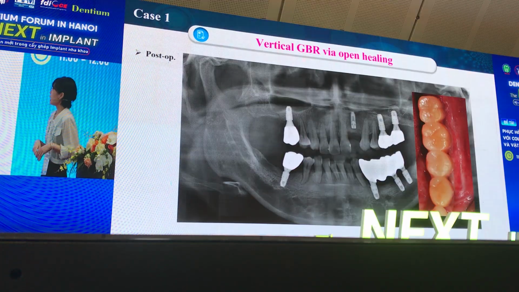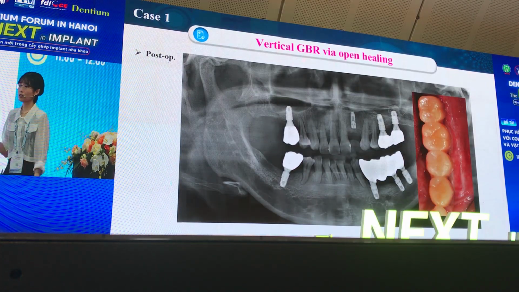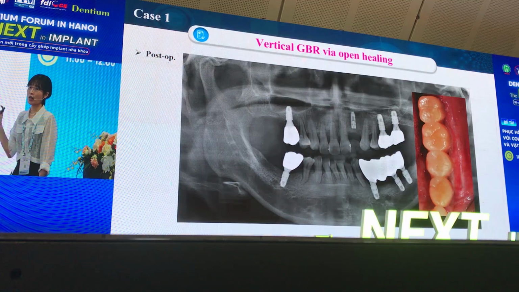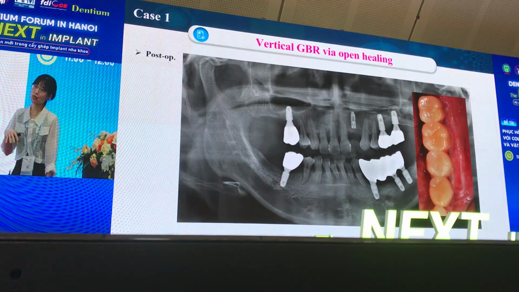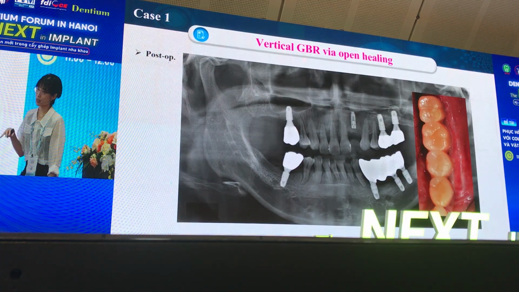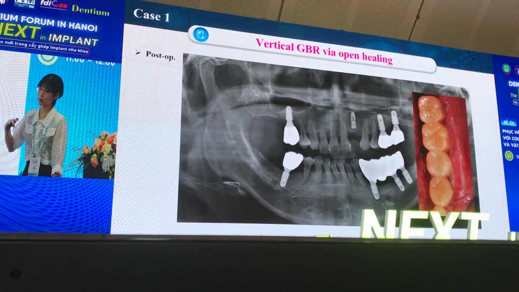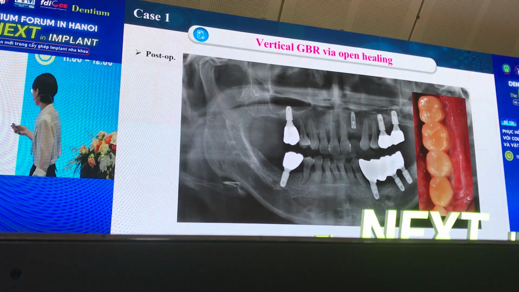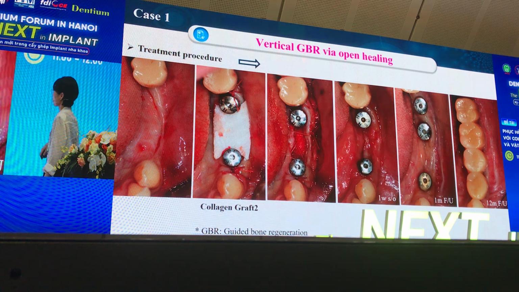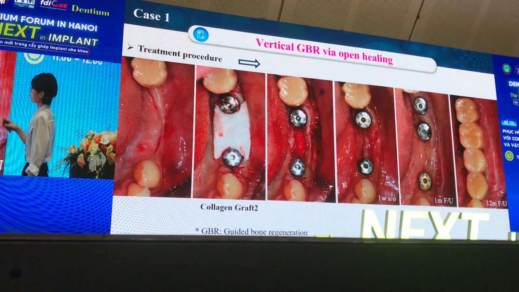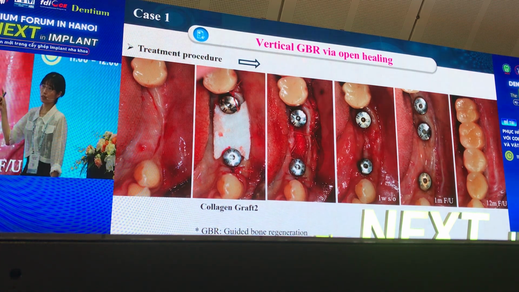So I did this. This is the clinical outcome. I successfully placed the implant, and also I successfully made the bone vertically. So I would like to share the procedures. Because there is very thin keratinized tissue, I tried to widen the keratinized tissue.